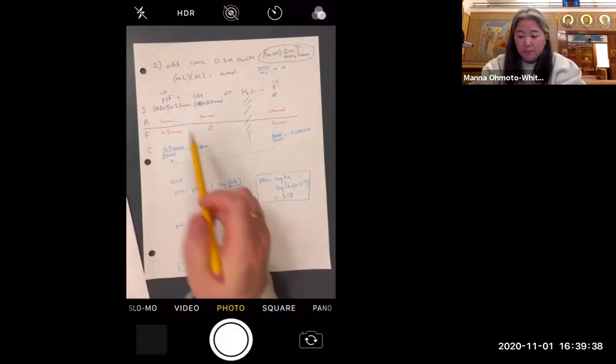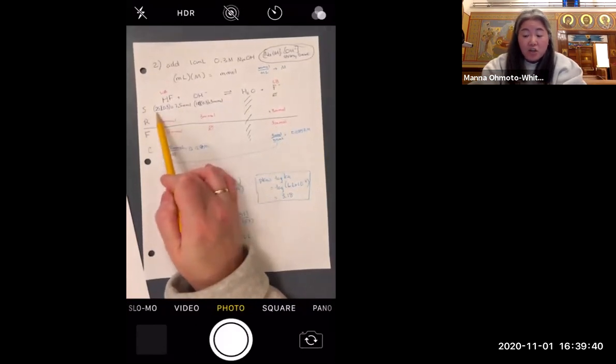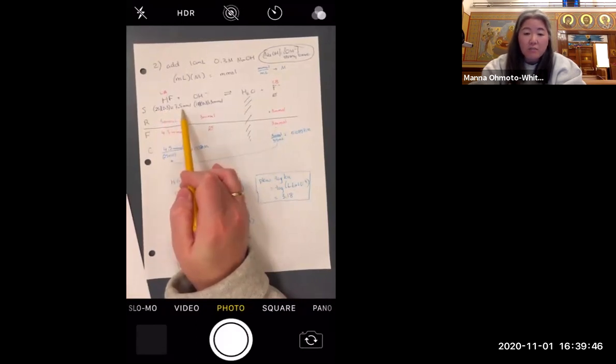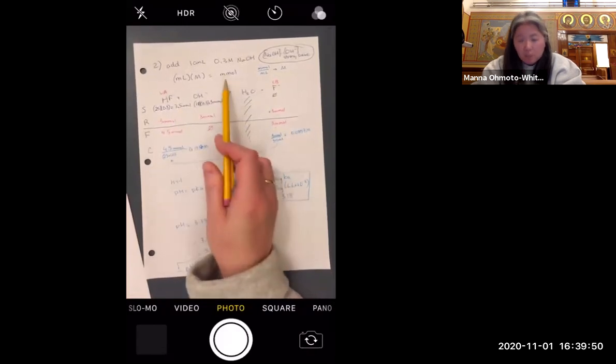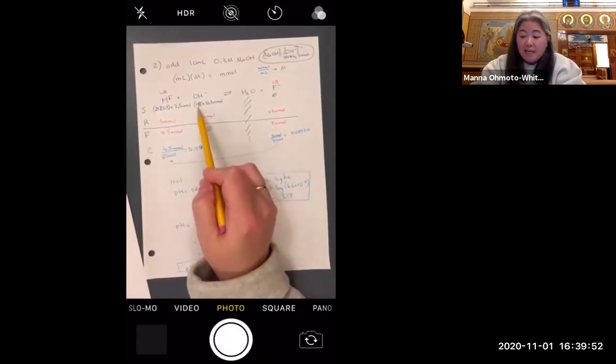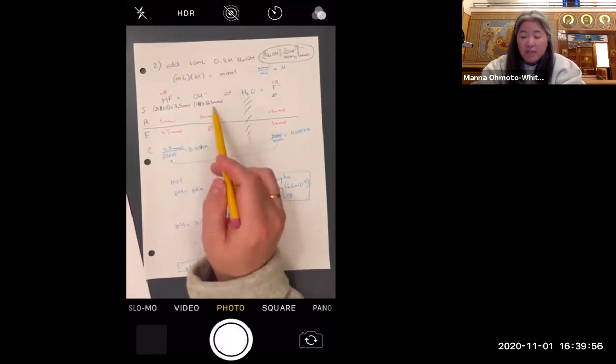So I start out with 25 milliliters of a 0.3 molar solution of my HF, and that's 7.5 millimoles. 25 times 0.3 is 7.5 millimoles. And I'm adding 10 milliliters of a 0.3 molar solution of NaOH, so I'm adding 3 millimoles of hydroxide ion.